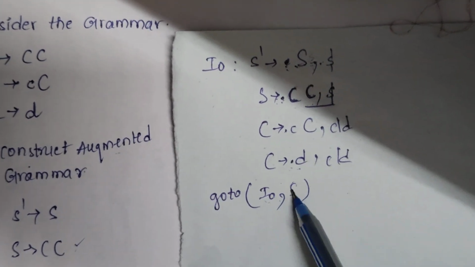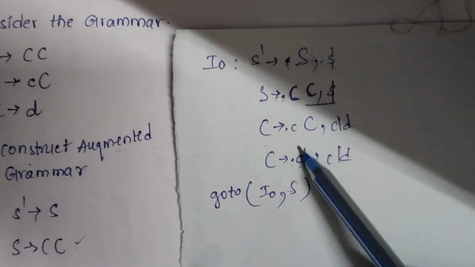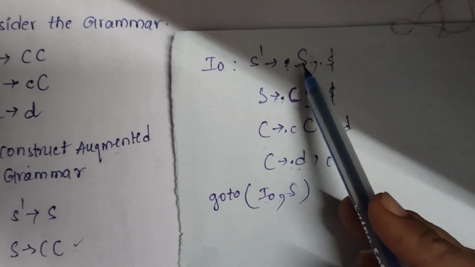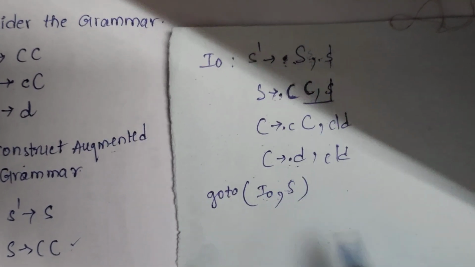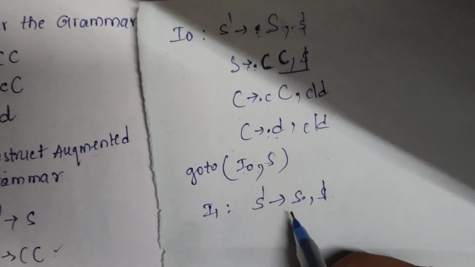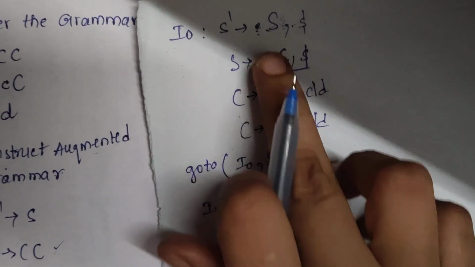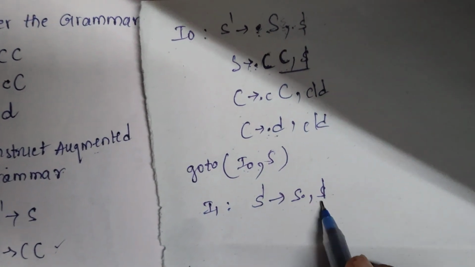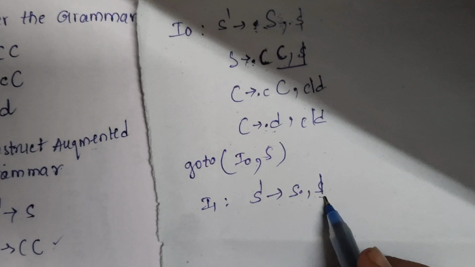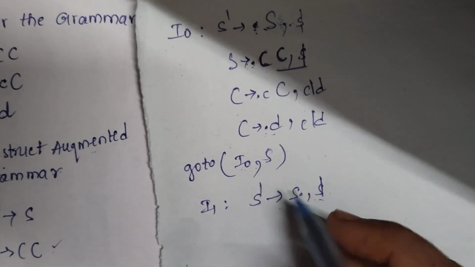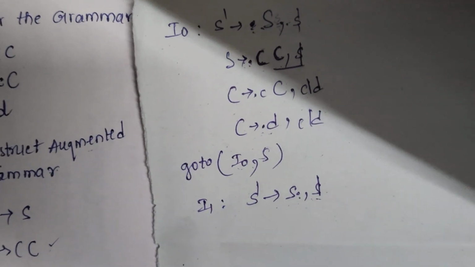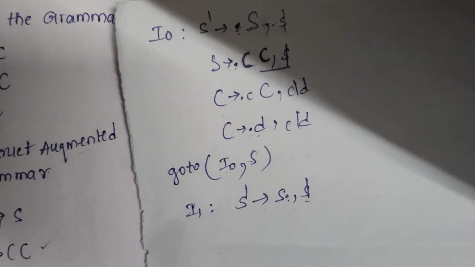Where do we have S on the right side? Only here, so this dot is shifted. After shifting you get this, and when shifting you write the look ahead symbol as it is. The dot has reached the end, so we can stop the construction and move to the next symbol.